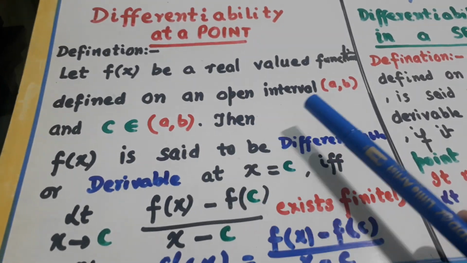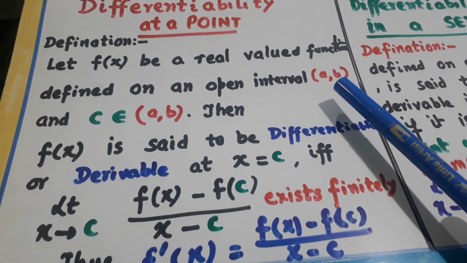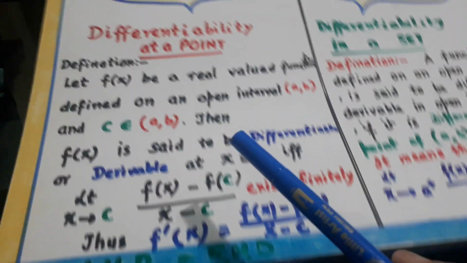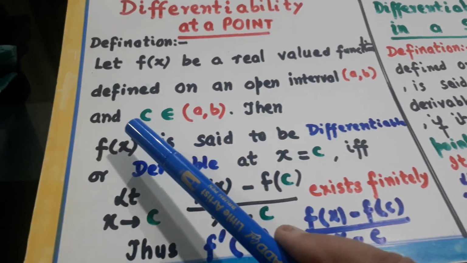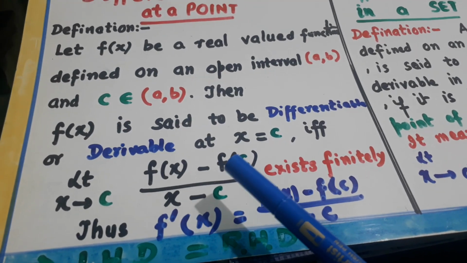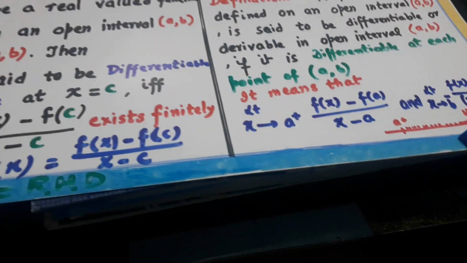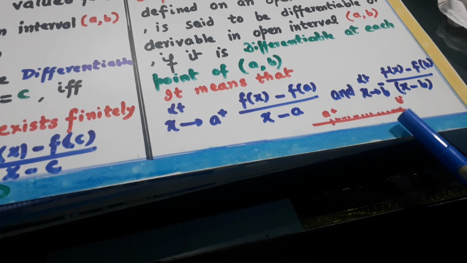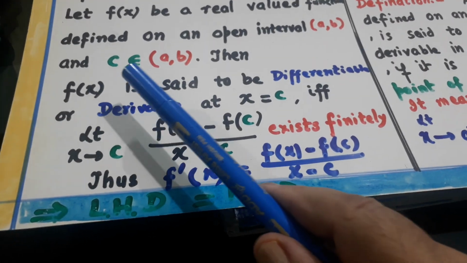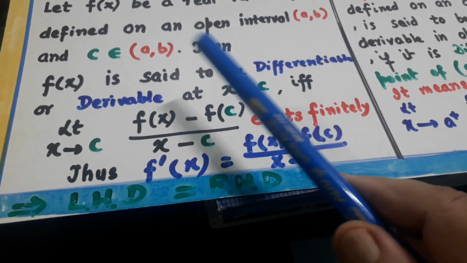Defined on an open interval (a, b), and c belongs to (a, b). It means c can be any point belonging to the interval (a, b).